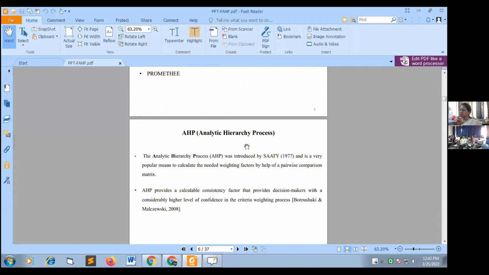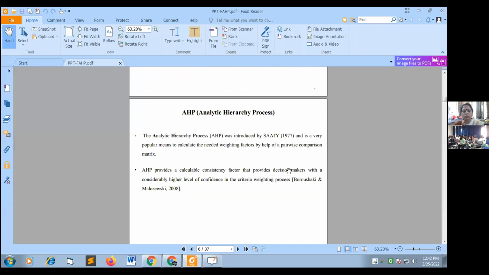So what is the analytic hierarchy process? The analytic hierarchy process was introduced by Saaty in 1977 and is a very popular means to calculate the needed weighting factors with the help of a pairwise comparison matrix.